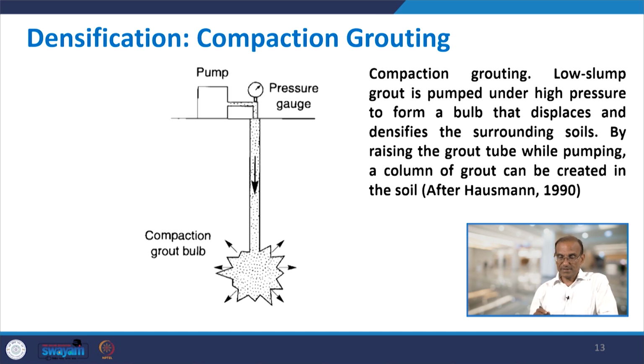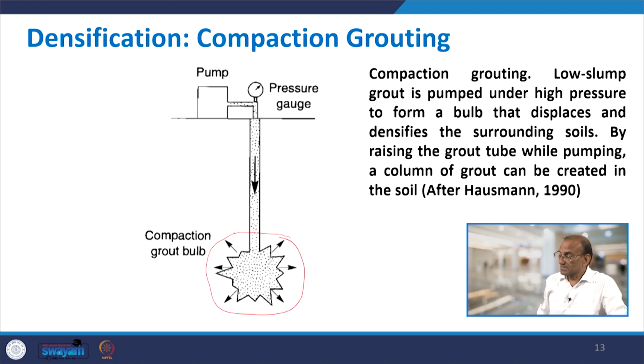You have a pump and a pressure gauge to measure. What is done? You have a stem through which you inject the grout inside the soil in the form of a fluid, a slurry, and when it goes, it will automatically form a grout bulb where you have the loose soil, where it has the space to go.